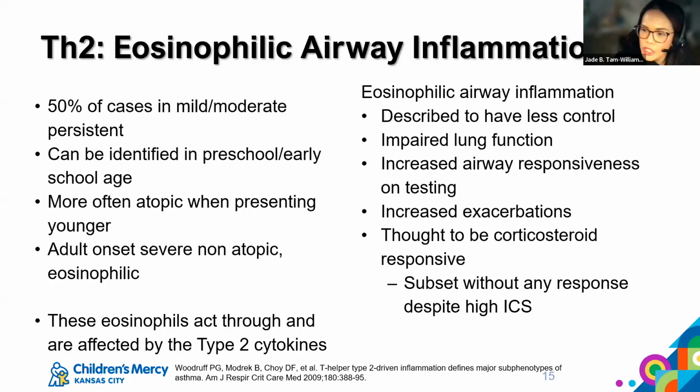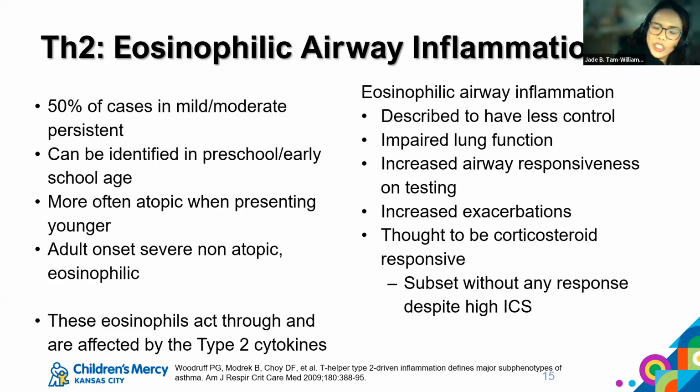They're a little bit more responsive to albuterol than non-type 2 asthmatics. They are reported to have more exacerbations. The good thing is they do seem to respond really well to steroids, though there is a category of these type 2 asthmatics that don't seem to respond to high doses of inhaled corticosteroid. There's still some debate on how they present.